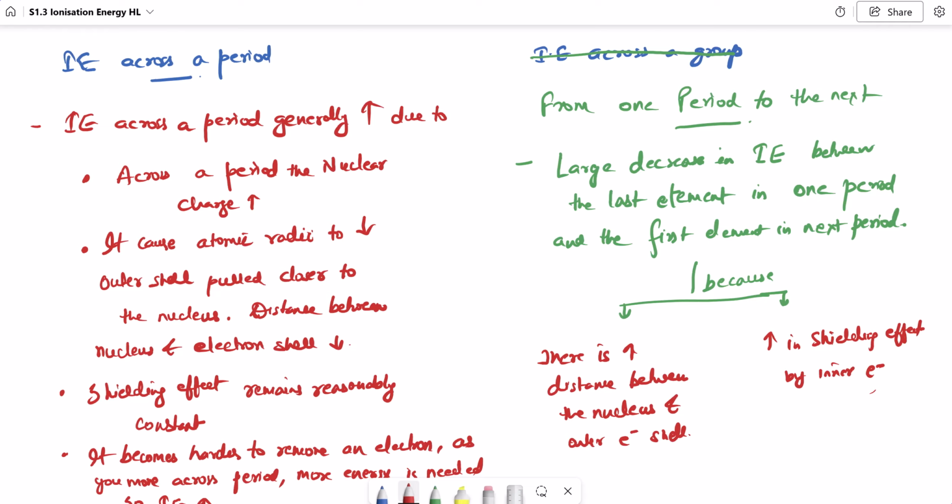So there's a large decrease. That's why you find this difference.